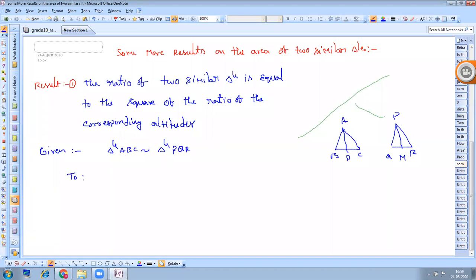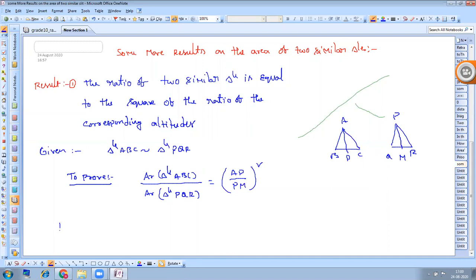What we are asked to prove is that the ratio of the area of triangle ABC divided by the area of triangle PQR will be equal to the square of these heights, AD by PM whole square. This is all we are asked to prove.